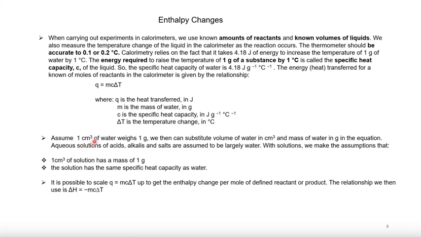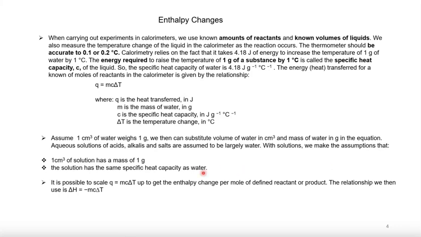We have to make some assumptions. We have to assume 1 cubic centimeter of water weighs 1 gram. So 1 cubic centimeter of solution also has a mass of 1 gram. This is what we have to assume.